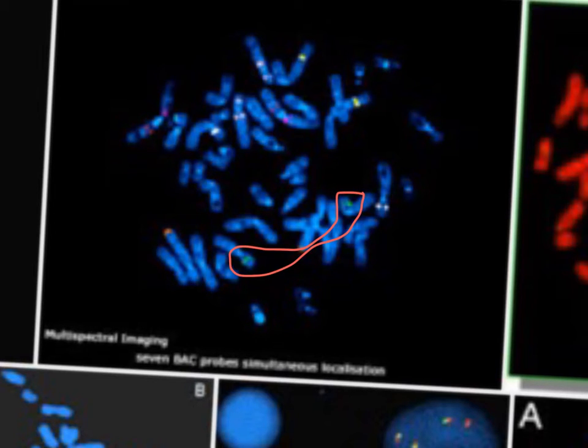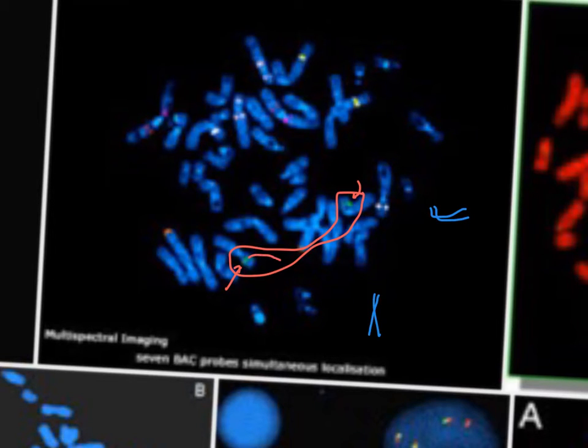You might notice that these pairs of FISH signals look like they're on the same end of the similar shaped, similar length chromosomes. So those are homologous chromosomes. If I drew an idiogram, this is kind of what those chromosomes look like.